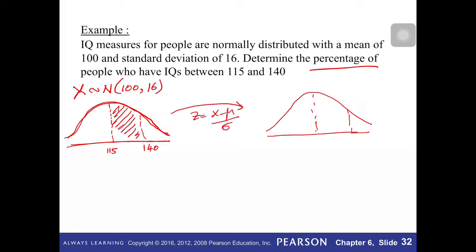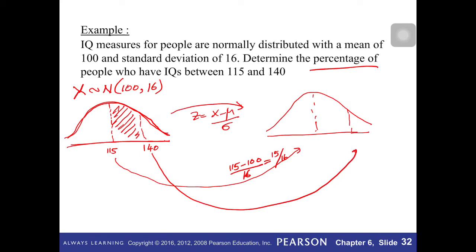So when I come this way, this value is going to be 115 minus mu, which is 100, divided by 16. This is going to be 15 over 16, right? 15 over 16. When you go this way, it's going to be 140 minus mu, which is 100, divided by 16.